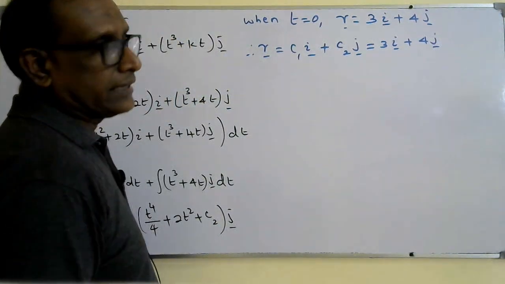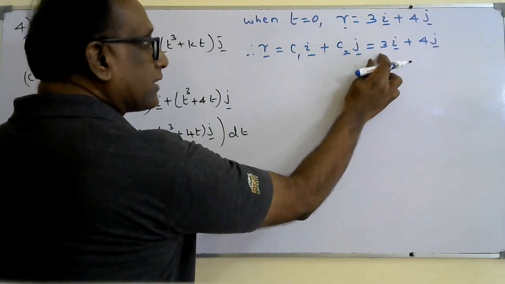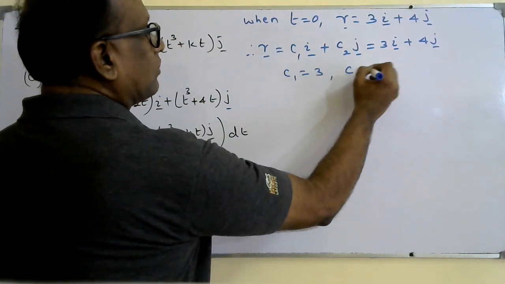So I already explained, if there are two vectors equal, c1 must be equal to 3, c2 must be equal to 4. So c1 equal 3, c2 equal 4.